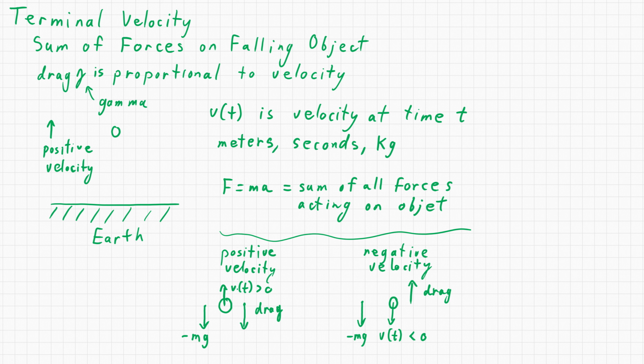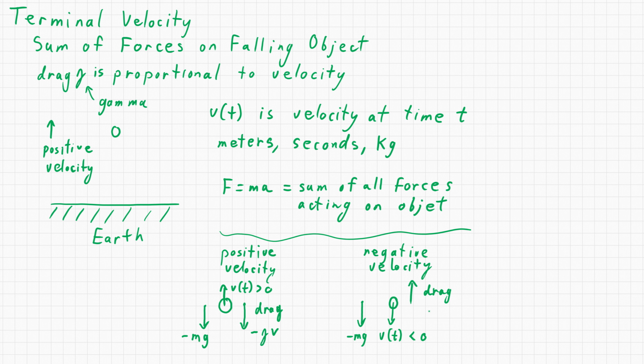Now let's try one here. If v is positive and the drag is pointing down, and gamma is the coefficient for drag, proportional to the velocity, then it should be gamma times v. But gamma is a positive number, a coefficient, and v in this case is positive, so it's actually negative gamma times v when you have positive velocity. Now we want to make sure that works over here as well.